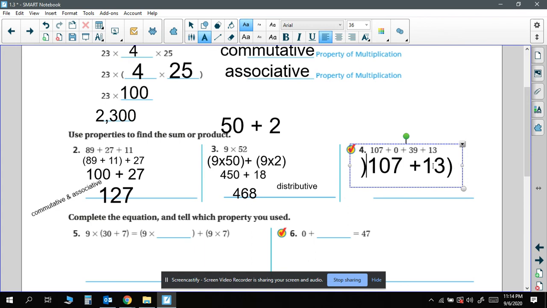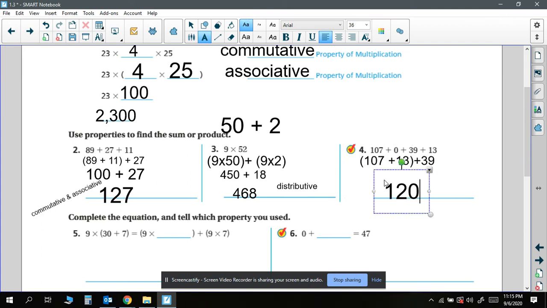And then I can add that to the 39, right? So like I said, 107 plus 13 is going to give me 120 plus the 39. Can you figure that one out? 120 plus 39, it's 159.